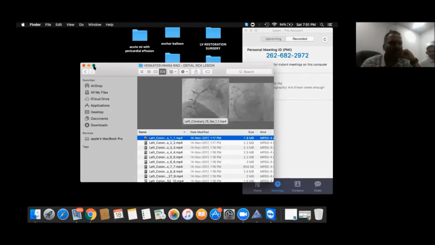And they did angioplasty. But 6 months later, after angioplasty also, the patient had persistent symptoms. And 6 months later, again he came back with the same symptoms which he had during the initial presentation. I'll show you the angiogram.